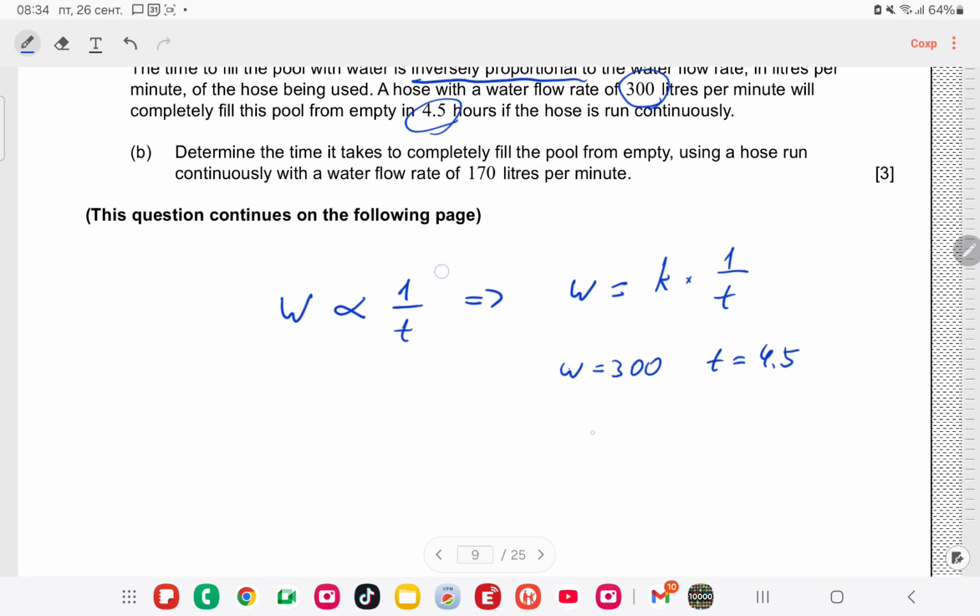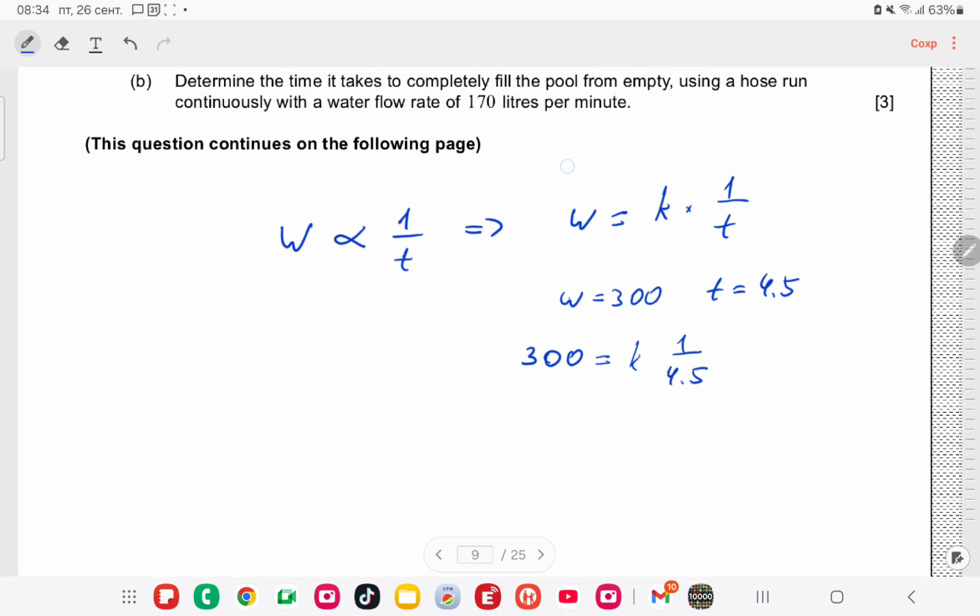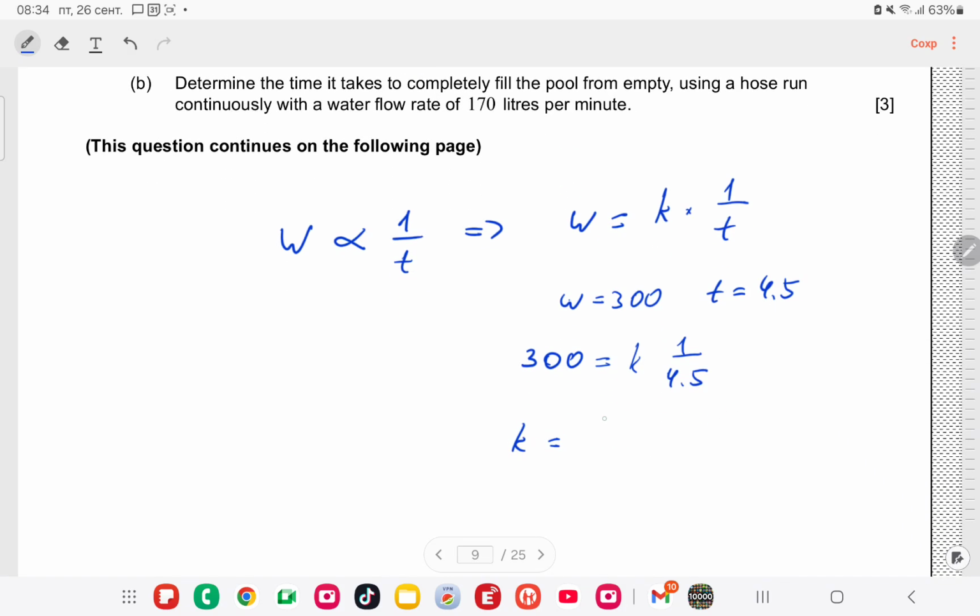Plugging the values into our equation, K is equal to 300 divided by 1 over 4.5, so 300 multiplied by 4.5. On the calculator, the value of K is 1350.